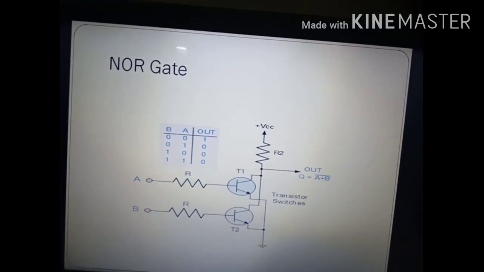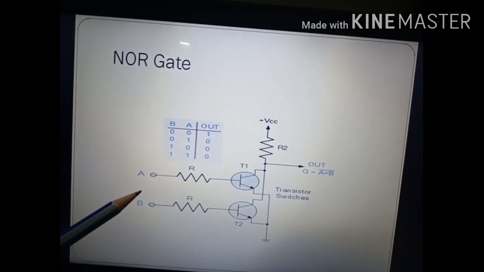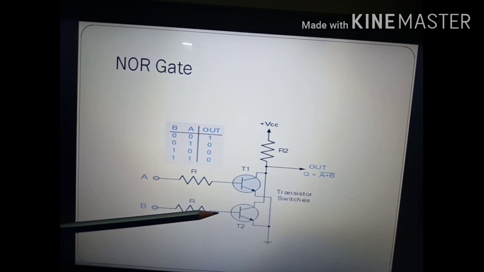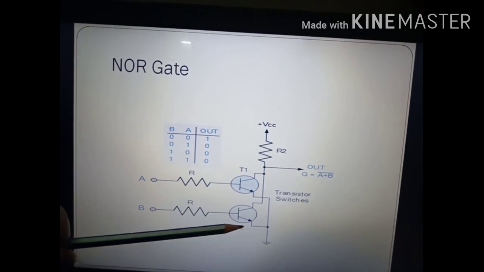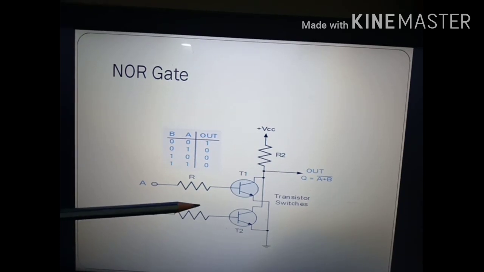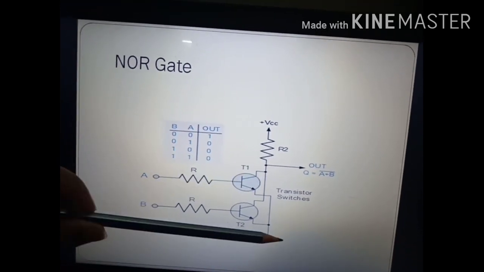So now in case of 0 1, B equals to 0, A equals to 1. B equals to 0 means IB is not there. So this transistor is in off state. A equals to 1, so this is on state. Then what will happen?